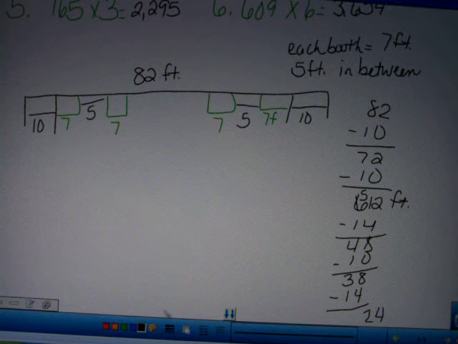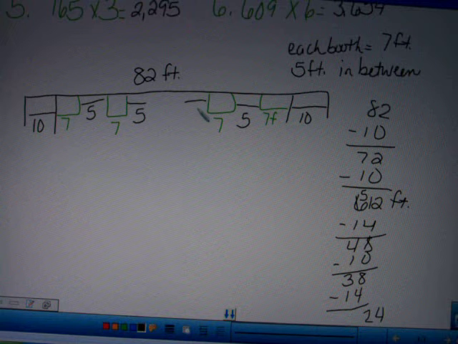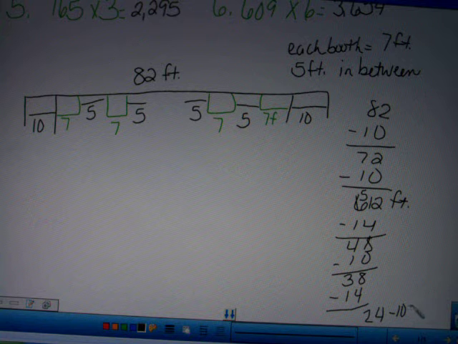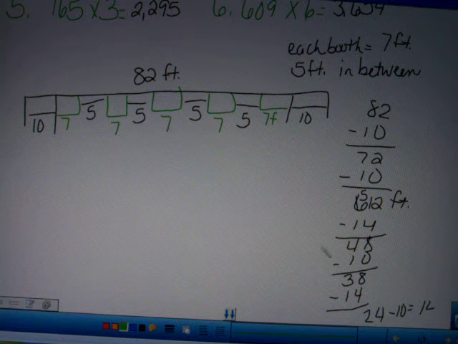Sorry, I'm running out of space over here. And so I need another 5 feet on this side, and another 5 feet on this side. Now that leaves me with 14 feet. And so I'm just going to put another booth in the middle here. That gives me 7 feet. Oh, and my pen did not finish drying. So I'm left with 7 feet.